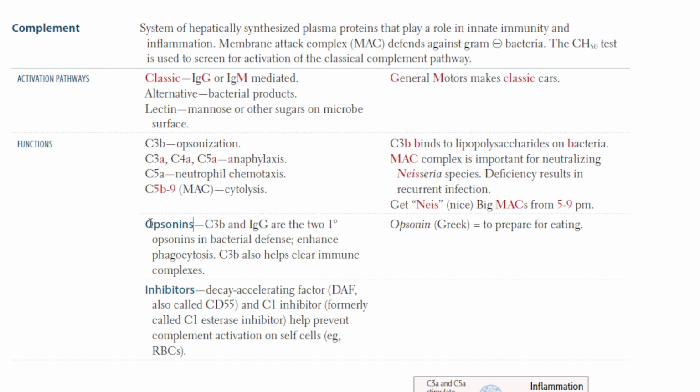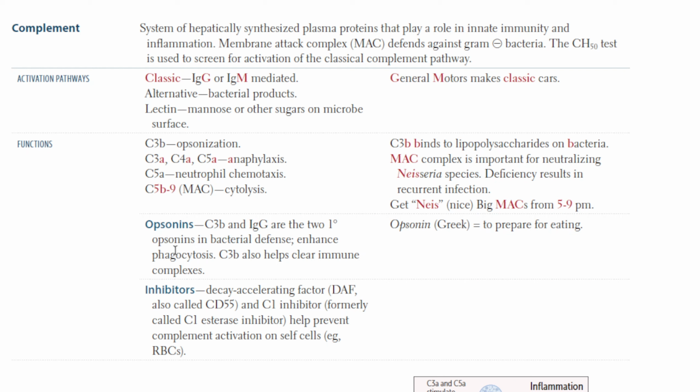So opsonins, let's see what opsonins are. C3b and immunoglobulin G are the two number one opsonins in bacterial defense.